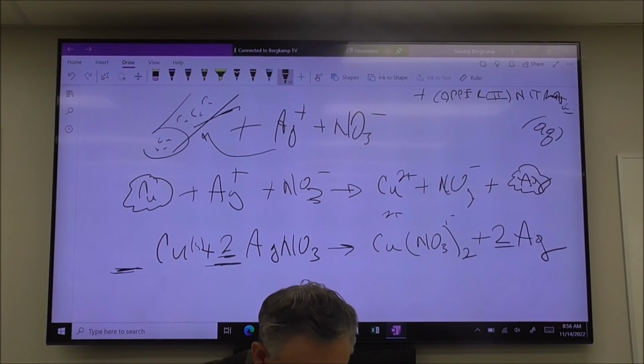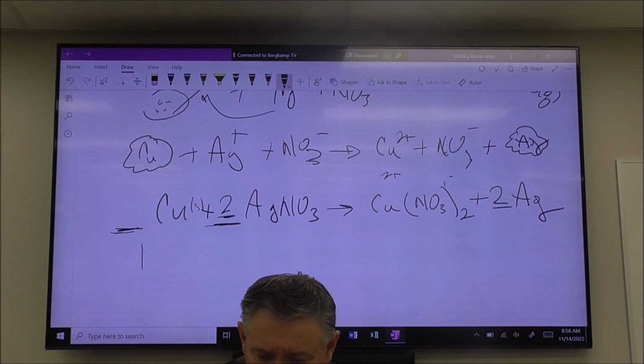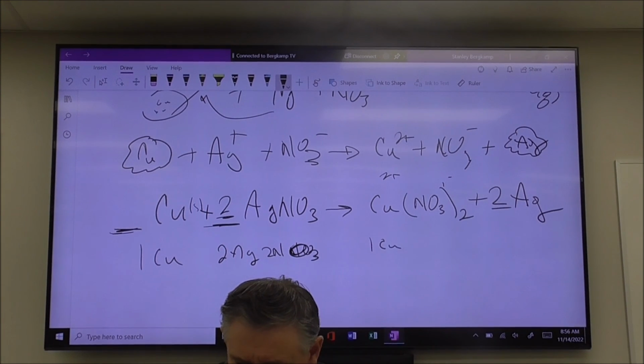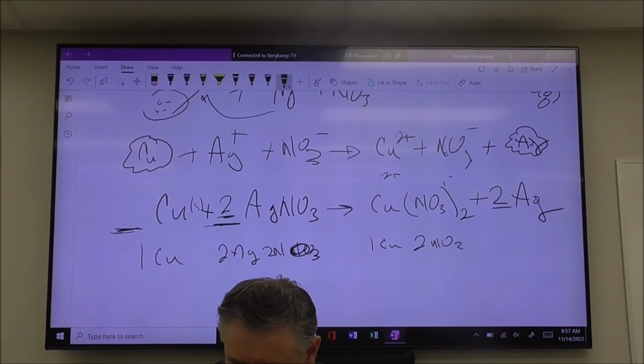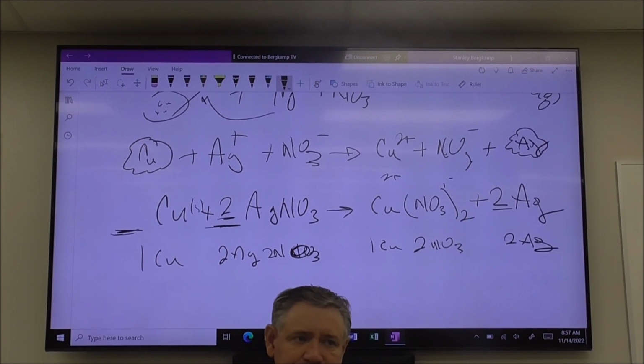So then, on the atom inventory, you're gonna come down here and go, okay, I've got 1 copper, I've got 2 silvers, I have 2 nitrates, okay? And then I'm gonna have 1 copper, 2 nitrates, and 2 silvers, okay?